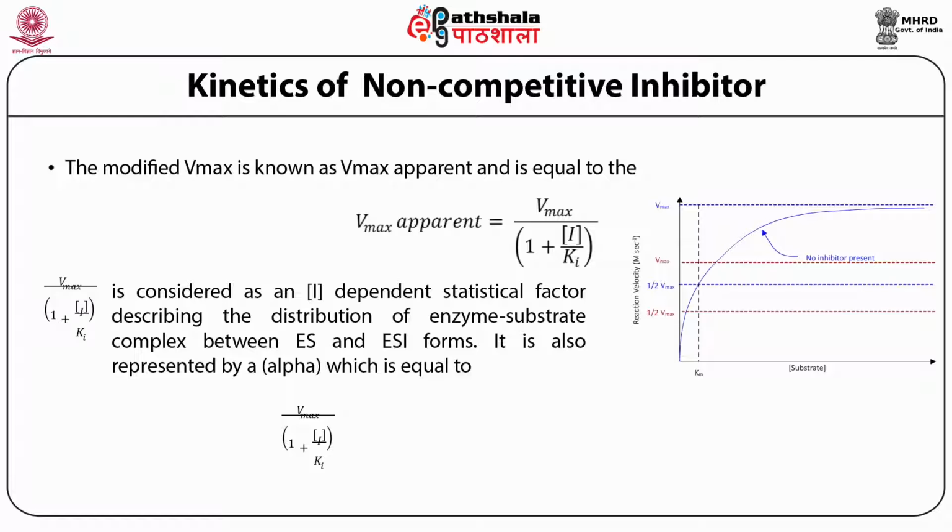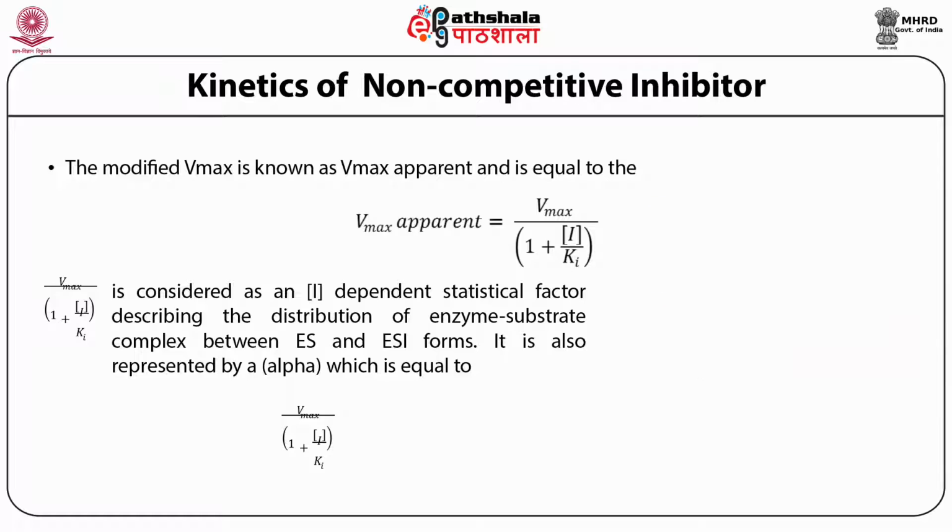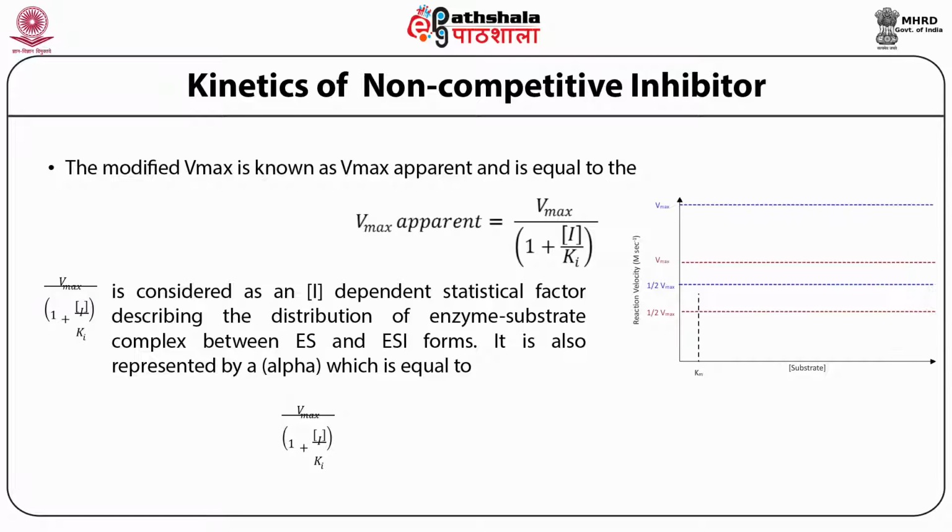So Km will not alter, but if you compare the Vmax of enzyme in absence of inhibitor and presence of inhibitor, then you will find that there is a decrease in the Vmax. As you know, ESI complex is formed which never forms any product, and that is responsible for this decrease in the Vmax.